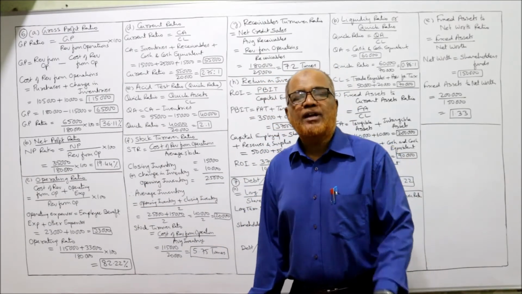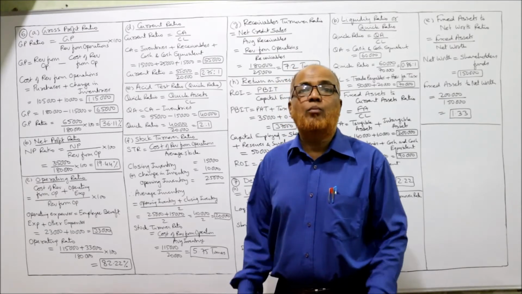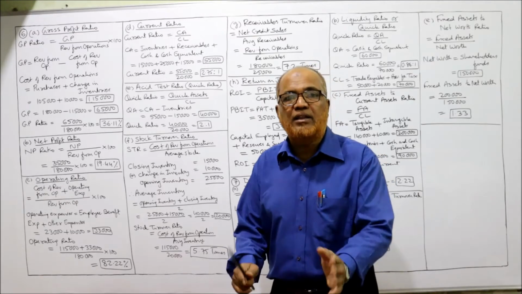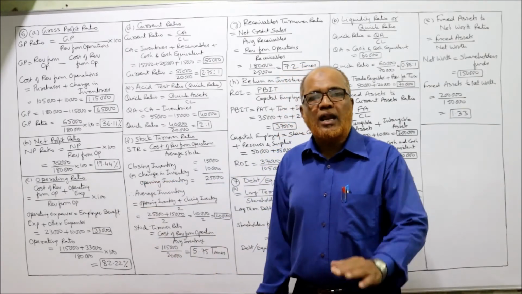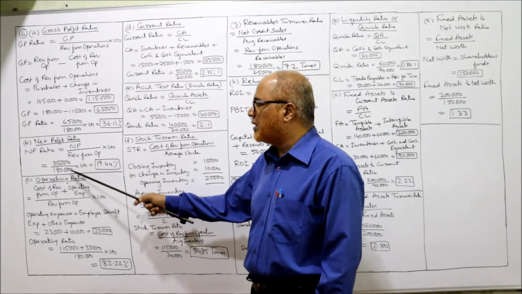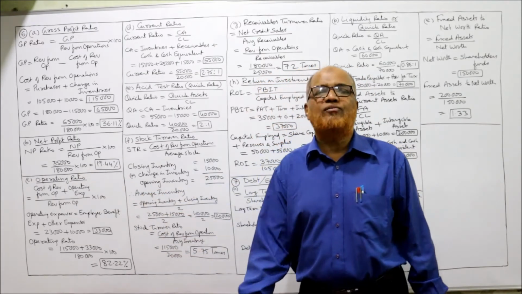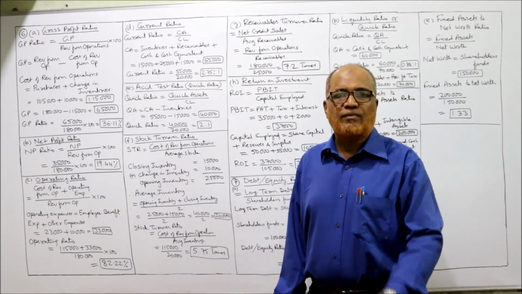The formula for net profit ratio: net profit divided by revenue from operation into 100. Both are directly given in the problem. Net profit is 35,000 and revenue from operation is 1,80,000. 35,000 by 1,80,000 into 100 gives 19.44%. That is the net profit ratio.